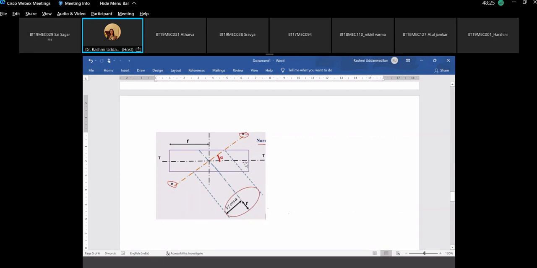I am taking a section of a tooth where this is the axis of the shaft, and this is the radius of the tooth. If I cut the pitch circle with the normal plane, as with any cylinder cut with a straight line, you know that the section will be an ellipse. You agree?